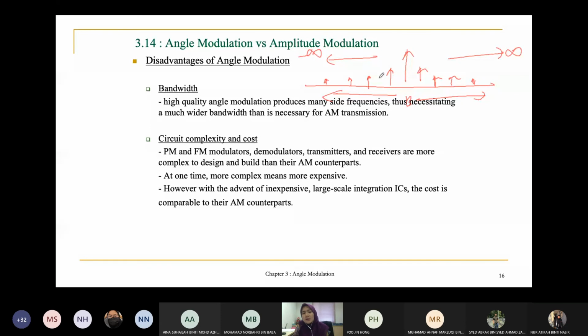However, since nowadays we have inexpensive large-scale integration ICs, the cost of amplitude modulation and angle modulation is currently quite comparable to each other. The cost is not much different nowadays.